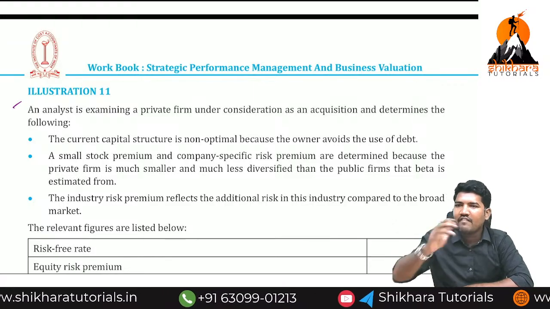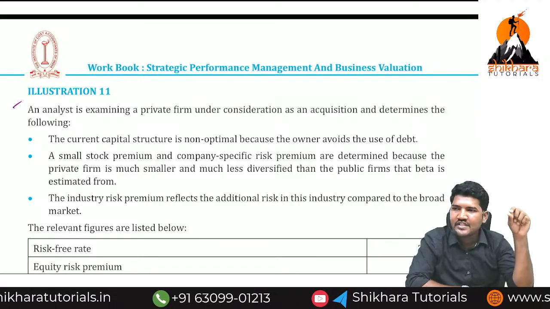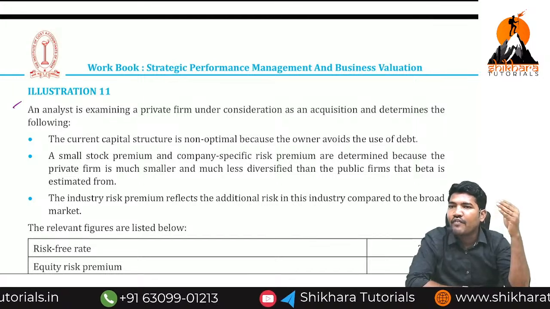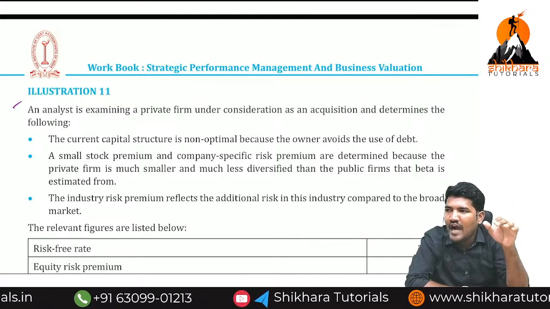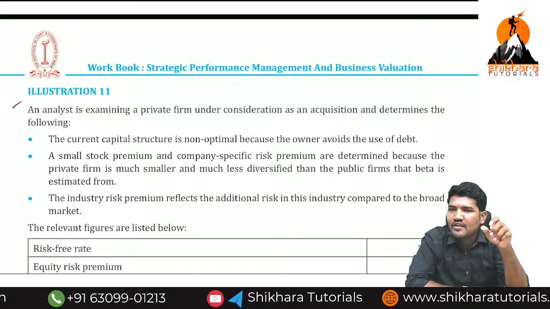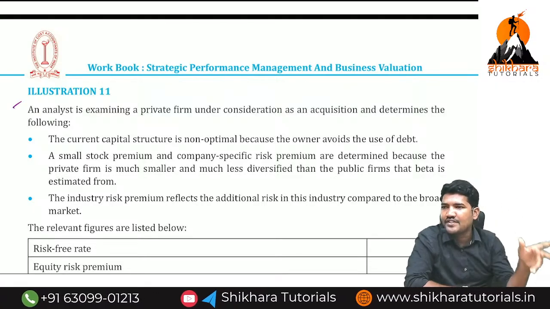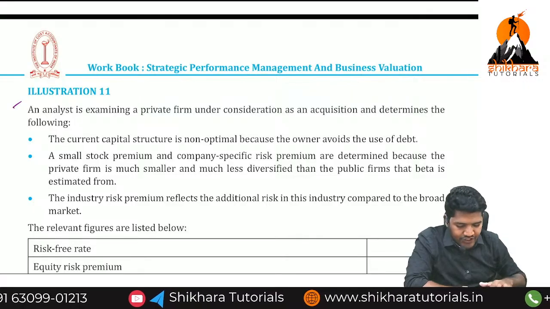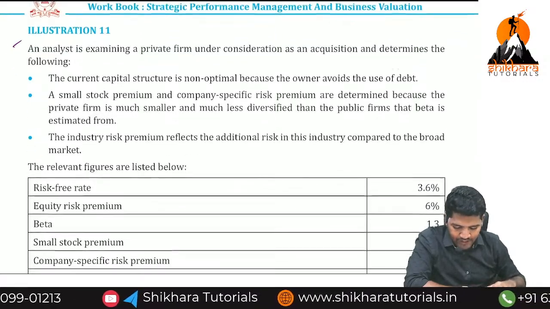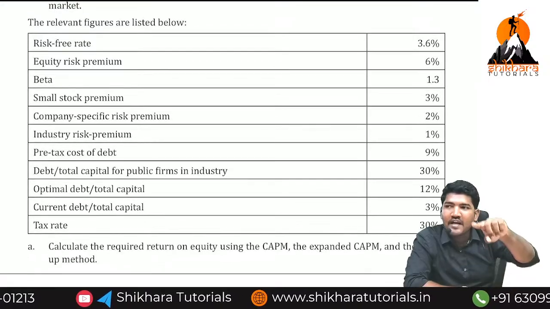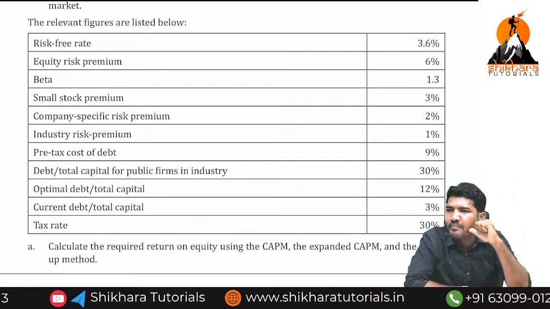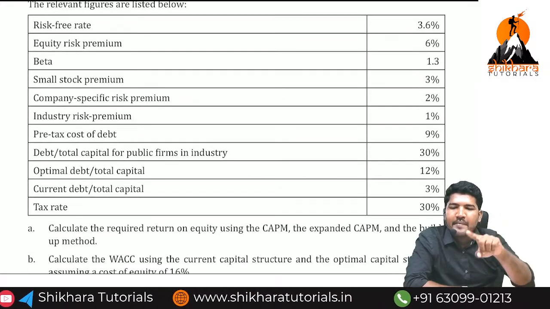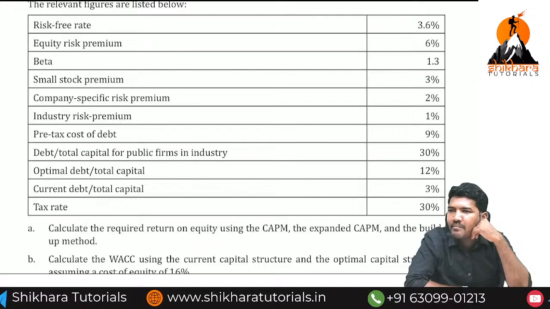Completed. Now when it comes to private companies, startups, and small cap companies, here they are following a practical approach. Our expectation is not because of market, but because of a lot of things. Our expectation can change because of small stock premium, because of company specific risk premium.